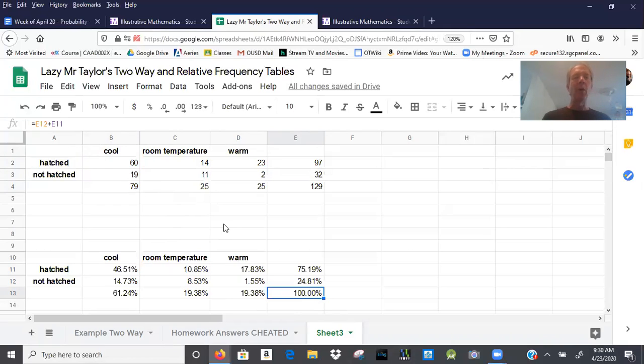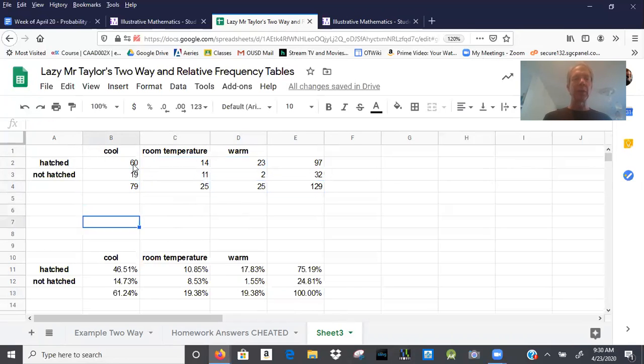But once again, the most important thing you need to realize is that in a two-way table, my rows add up to some total, my columns add up to some total, and those totals added together should add up to an overall number.